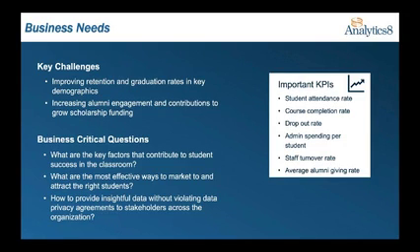So a data strategy for one of our clients resulted in a clear understanding of their key challenges, a sample of which is summarized here. So this client was troubled with their graduation rates and was also seeing a decrease in alumni giving over multiple years. We identified the improvements they wanted to make and converted these into questions the different business partners would be asking in support of reaching their goals.